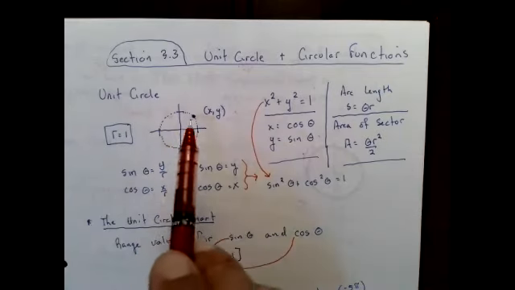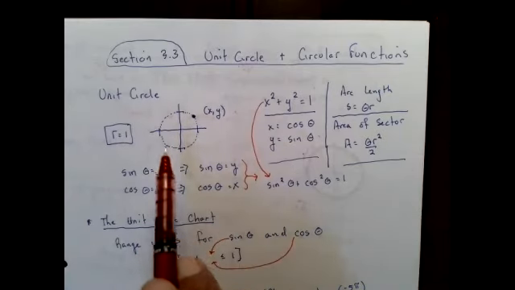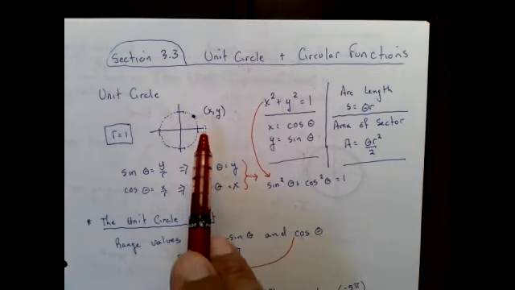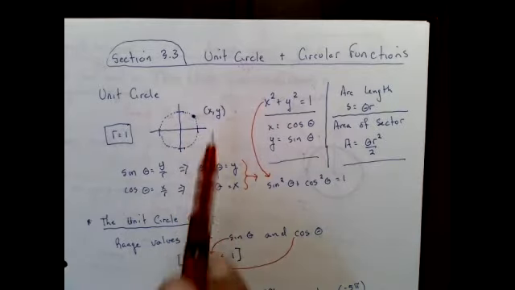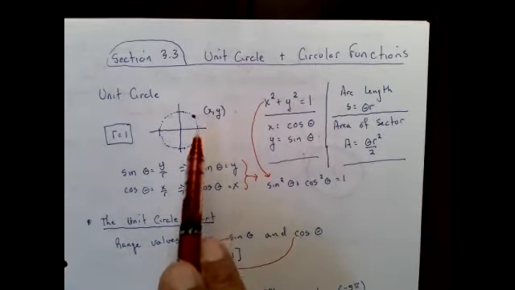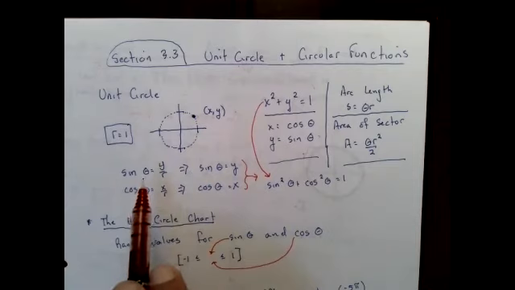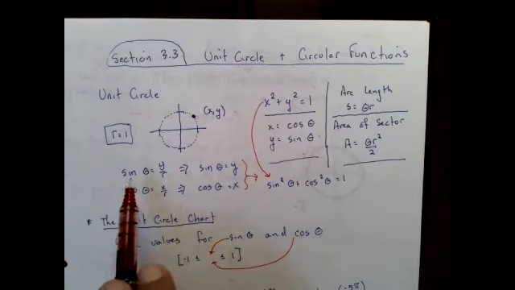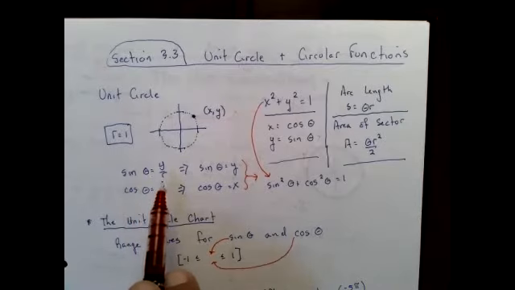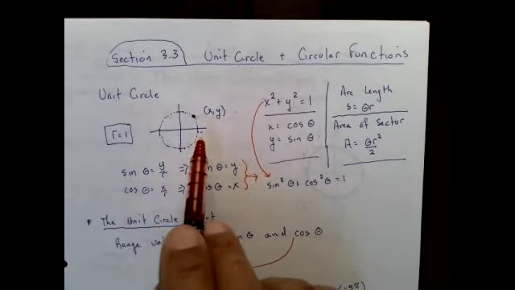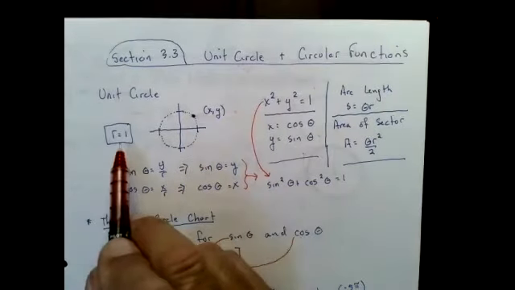If I have a unit circle, that means I have a radius of 1. If I have a point on the circle, like X, Y, keep that noted. Earlier, when we were talking about our angle measures, we said sine equaled opposite over hypotenuse, Y over R. But if this is the unit circle, that means my radius is 1.